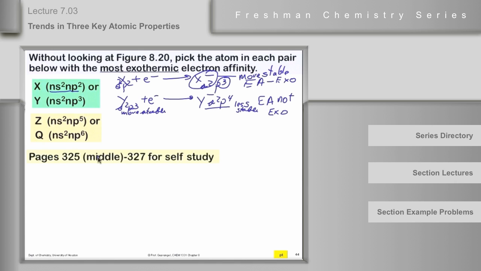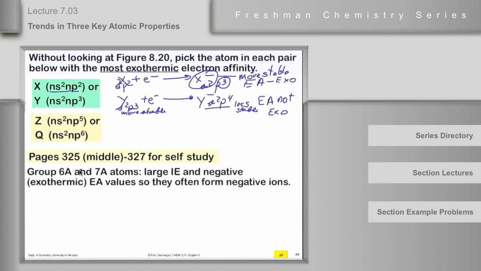Now, from the middle of page 325 to 327, I'm going to leave mainly for your own study. I'm not going to spend much time on it. I just want to mention a couple things. The group 6A and 7A atoms, as we saw in the previous slide, have negative or exothermic electron affinities.